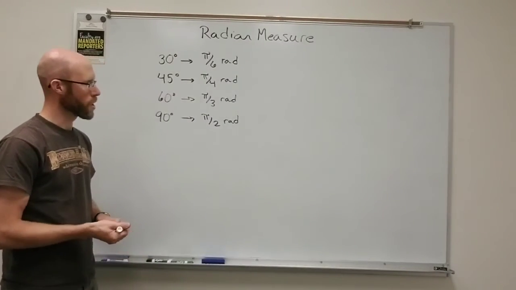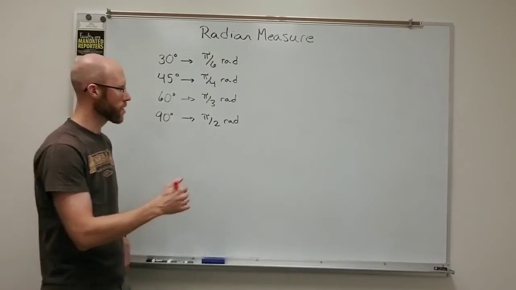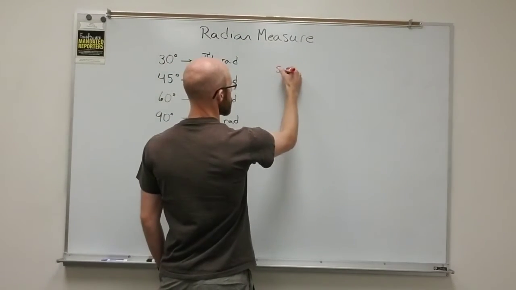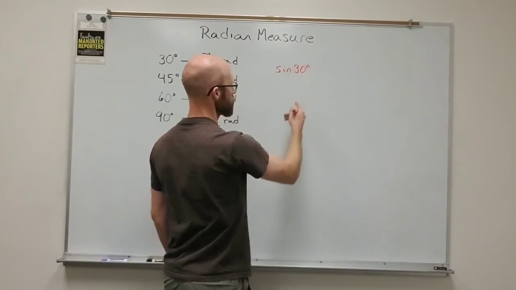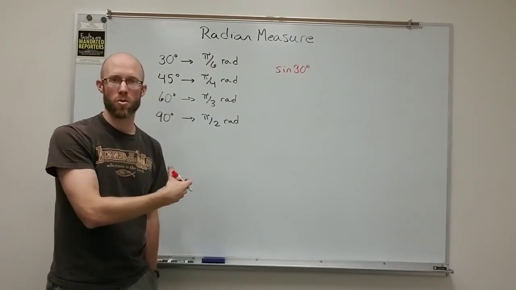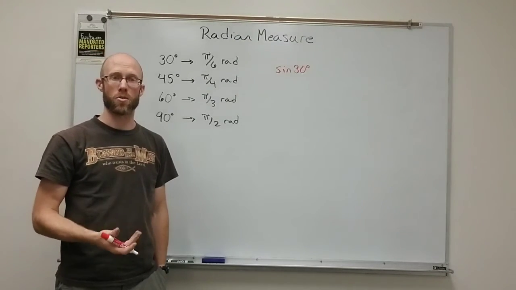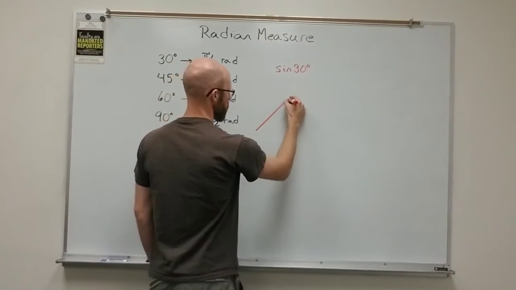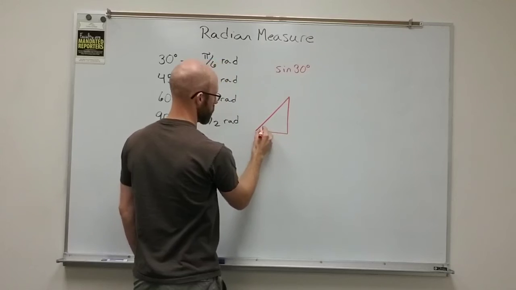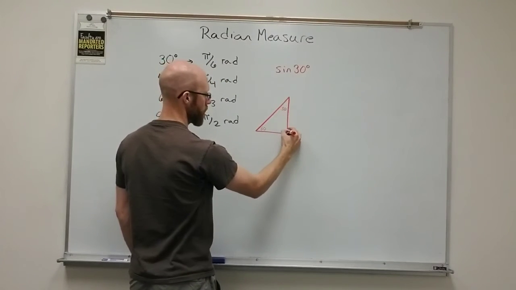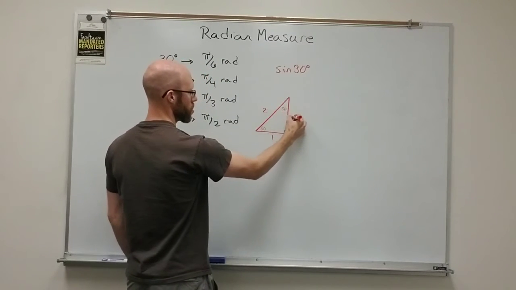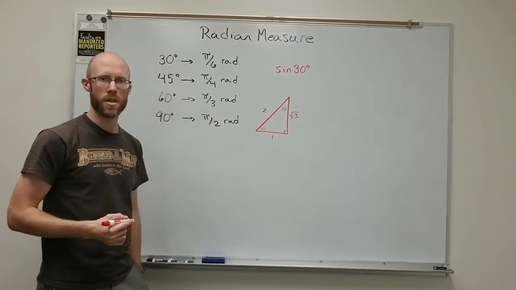And so we know things like the sine of 30 degrees because we can calculate trig values on these angles now using our special triangles. Remember, a 30 degree angle, if I had a 30, 60, 90 triangle, 1, 2, and root 3 are the sides.